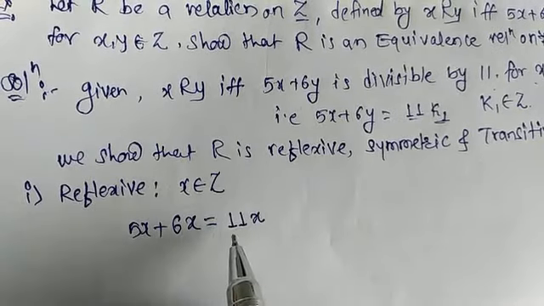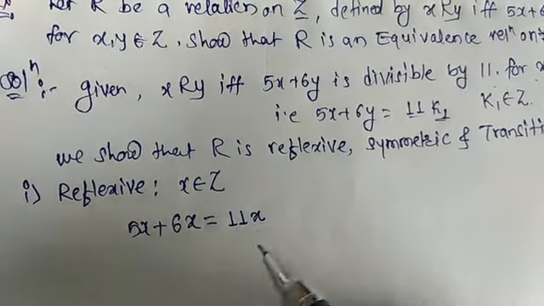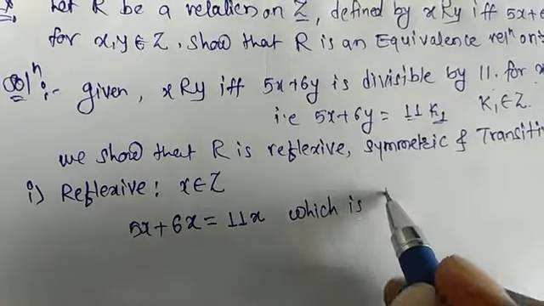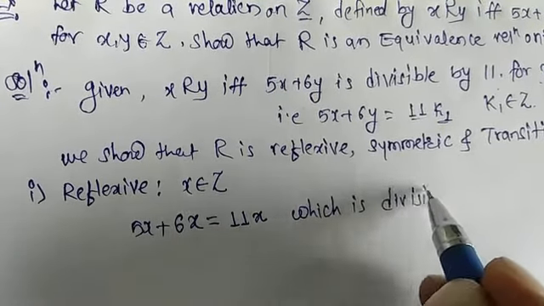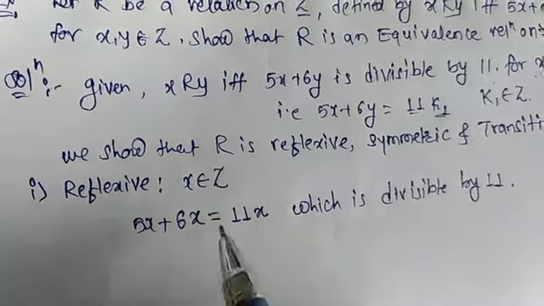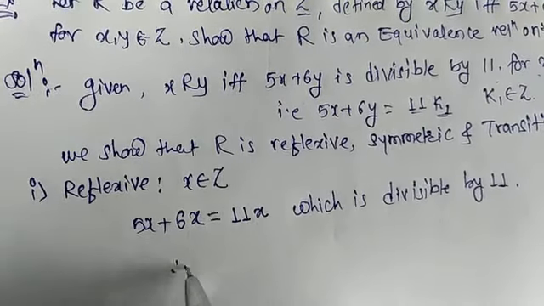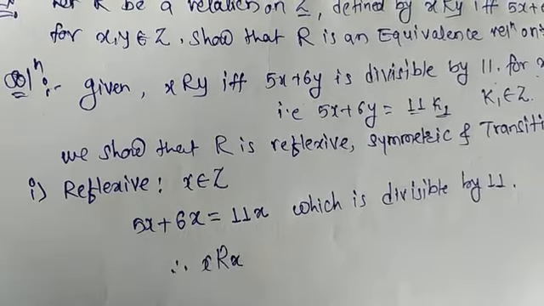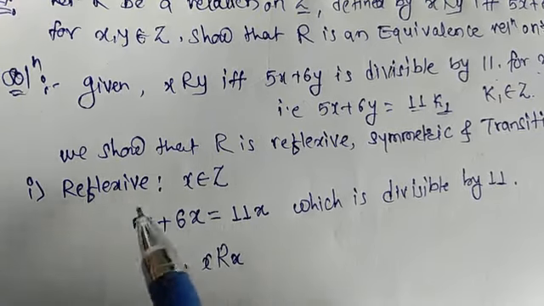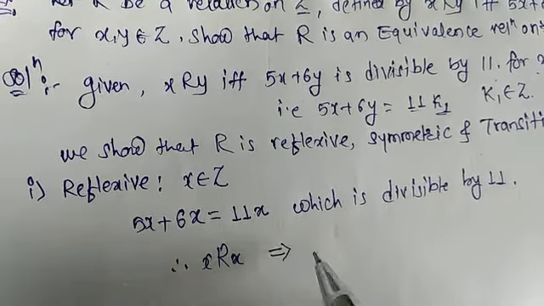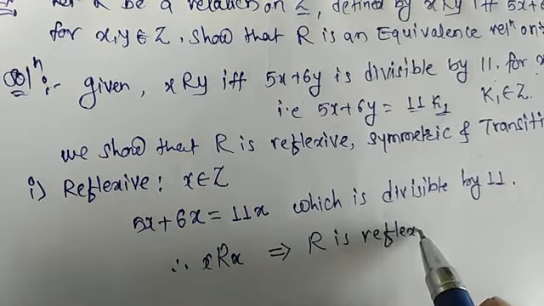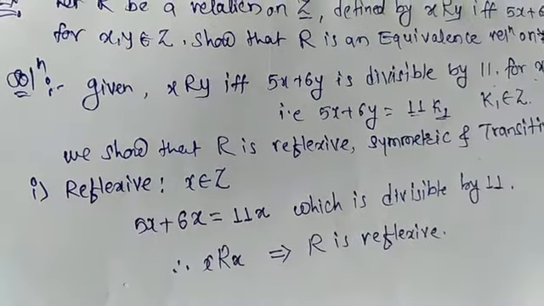That means it is a multiple of 11, so it is divisible by 11. Which means that x is related to x itself, and that means it is a reflexive relation, which implies that R is reflexive. That is our first part.